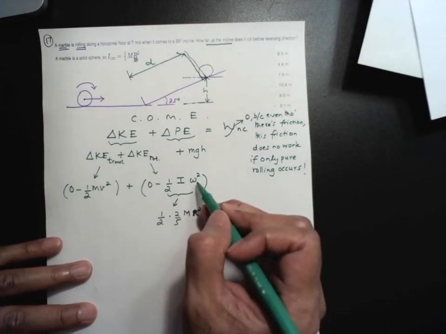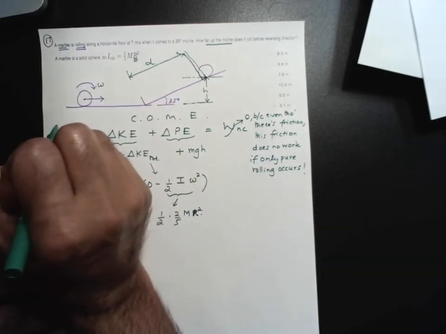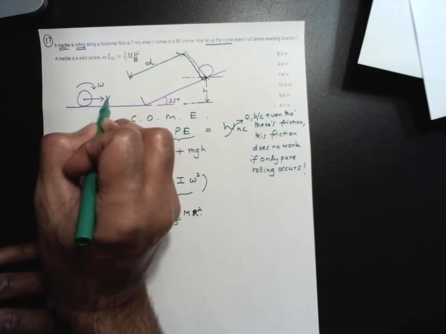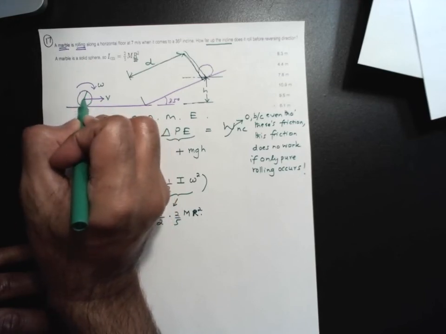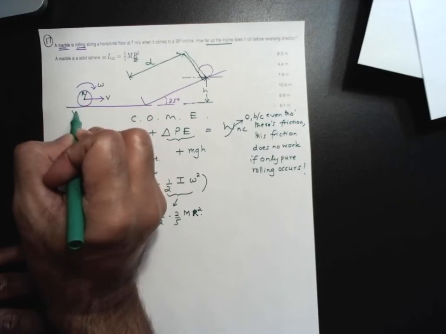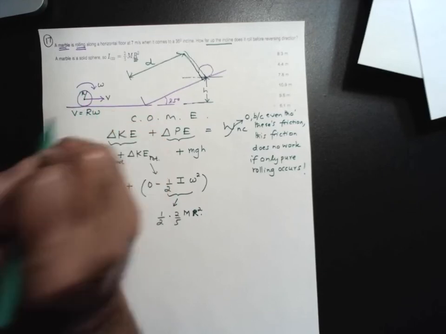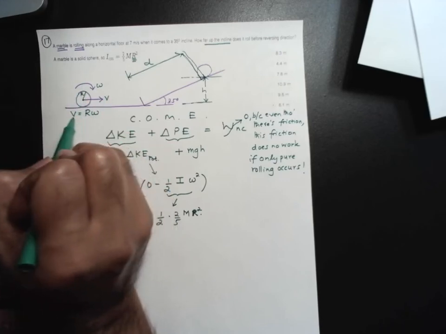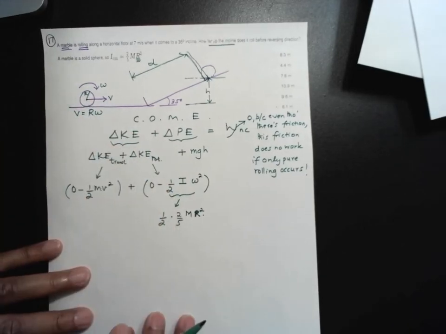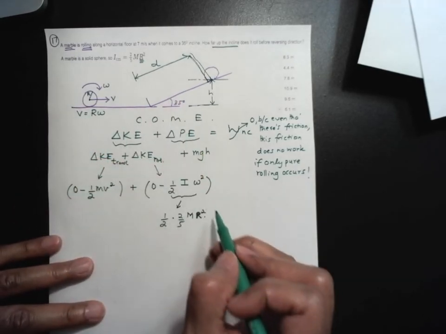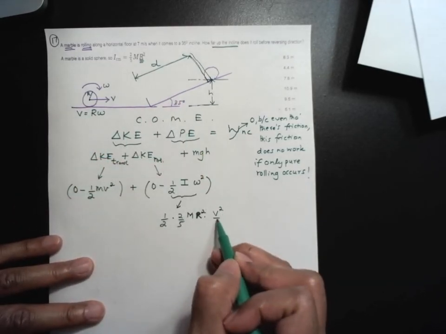Okay, and what about omega? Well, just remember that the velocity at which this wheel moves forward is related to the omega. If this is the radius r, then v is equal to r times omega. The rotational motion and the linear motion are related. They have a relation that they must satisfy. And so the omega squared is v squared over r squared.